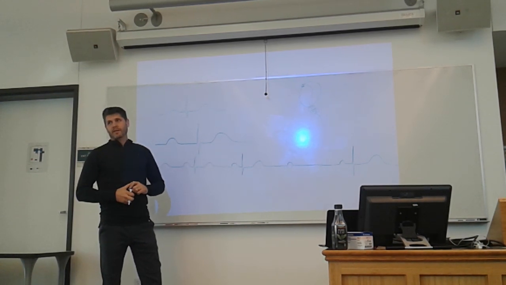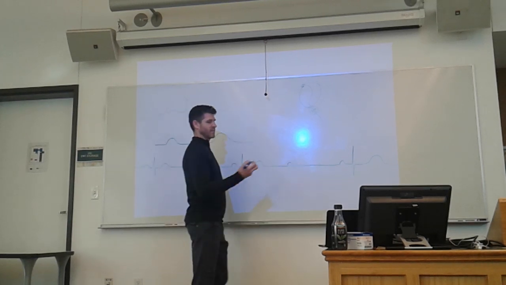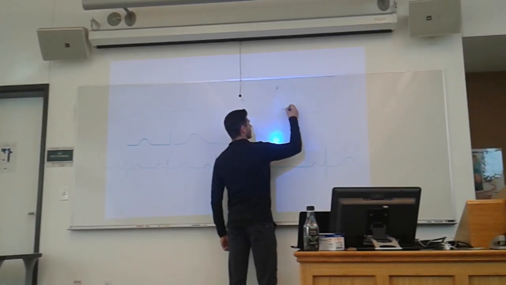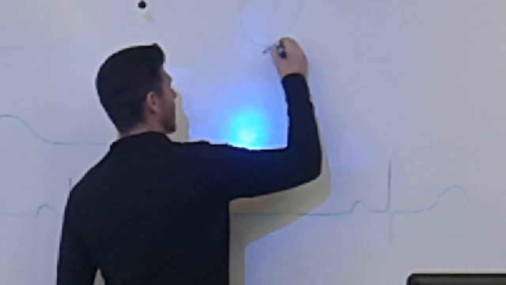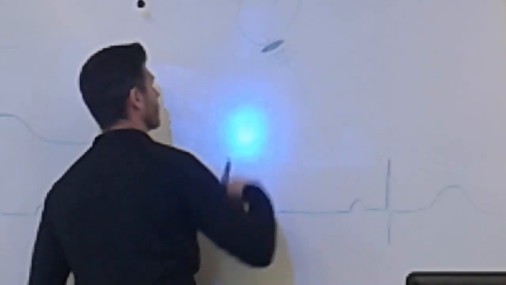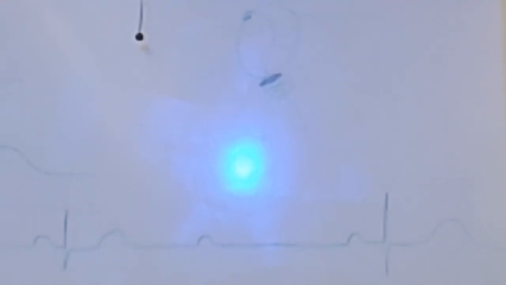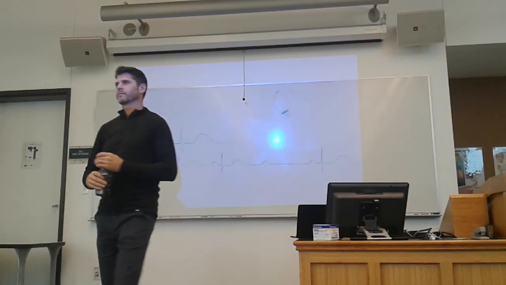Please draw for me what you would see. This part of the AV node right here, dead. Too bad. It looks good like that. The AV node is dead right there.